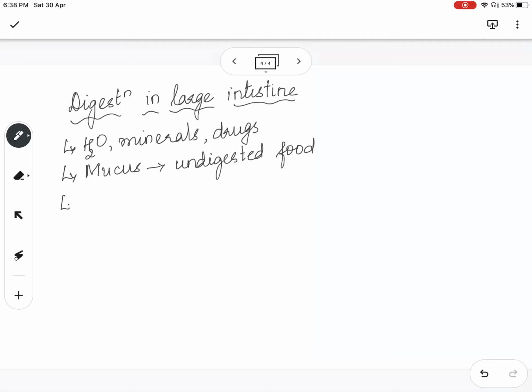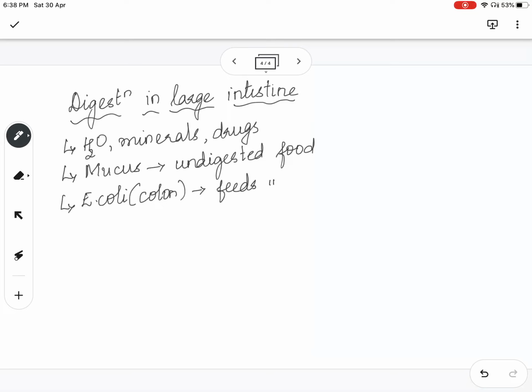And finally, there is one bacterium present in our large intestine, and the name of the bacterium is E. coli, that is Escherichia coli, which is specifically present in the colon part of our large intestine. So this is going to feed upon those undigested food particles.